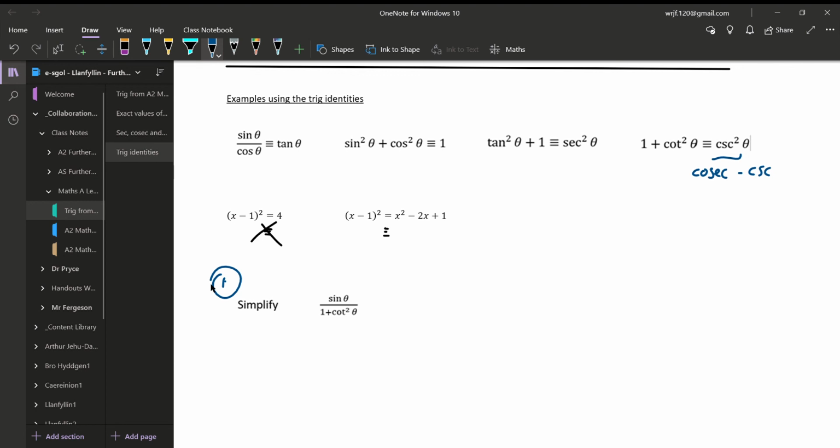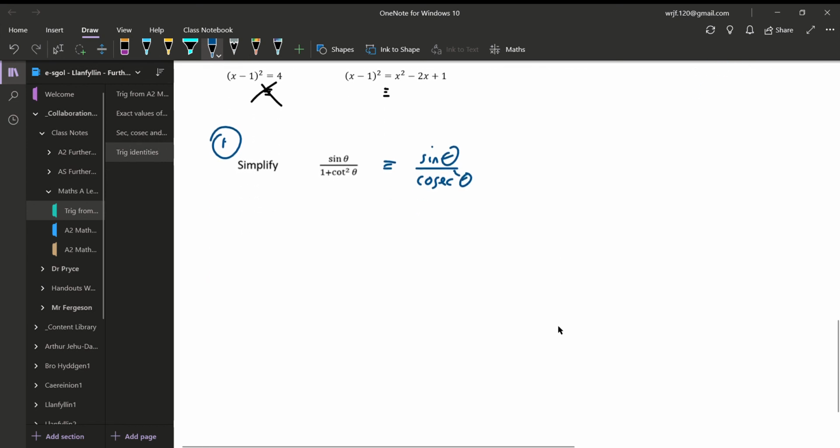The denominator of that fraction, 1 plus cot squared theta, is the left-hand side of that fourth identity, and this means that I can just take that expression and keep the sine theta for now, but instead of the 1 plus cot squared theta on the bottom, I can just have cosec squared theta, like that. I think we can go a bit better than that.